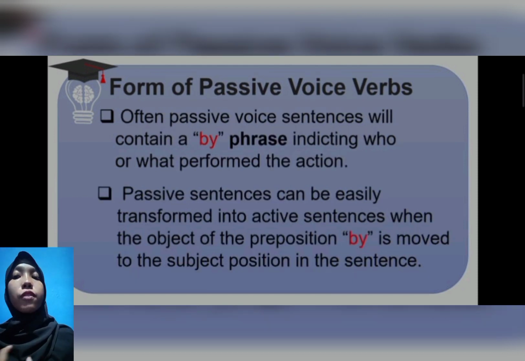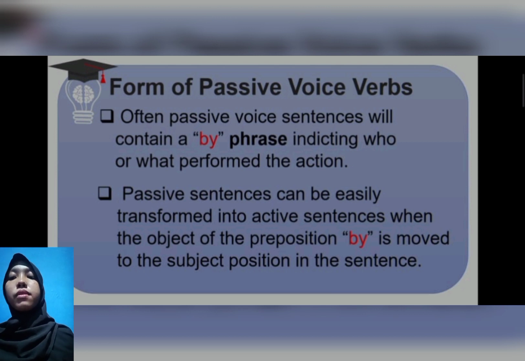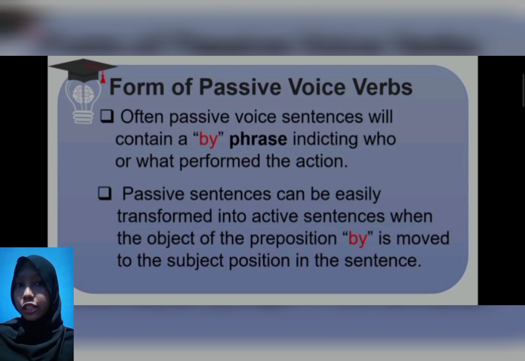Often passive voice sentences will contain a by-phrase, indicating who or what performed the action.